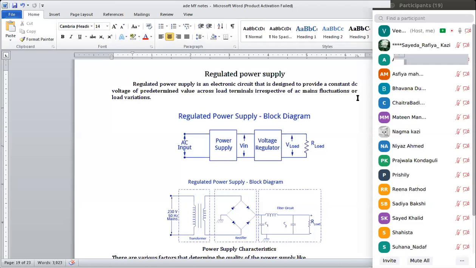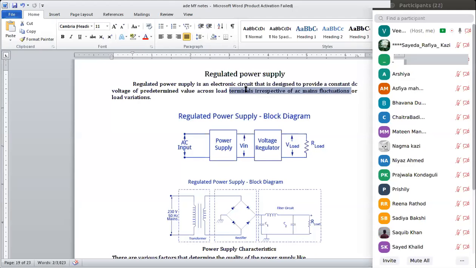Suppose I want 5 volts, then if I set my circuit to 5 volts, I'll continuously get 5 volts at the output. Now if I want 10 volts, by adjusting some resistance, I'll get a 10 volt output. The output is irrespective of the AC mains fluctuations.